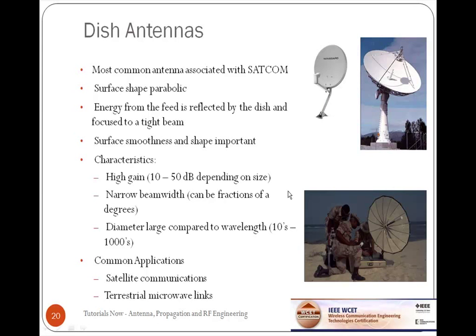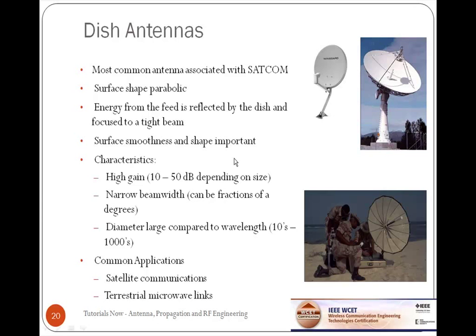As I mentioned before, the dish antenna are the most common antenna type associated with satellite communication. So this surface has a parabolic shape, and basically the energy from the feed is reflected by the dish and focused to a tight beam. In all dish antenna, the surface smoothness and the shape is very important, and the manufacturing really is the limit here.